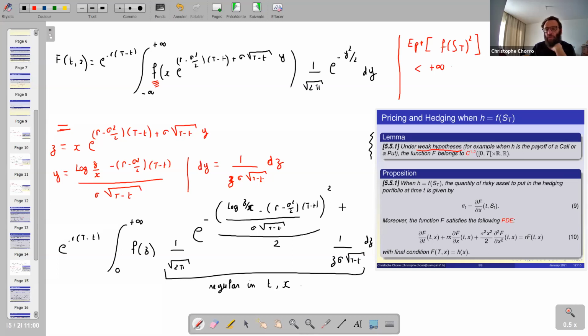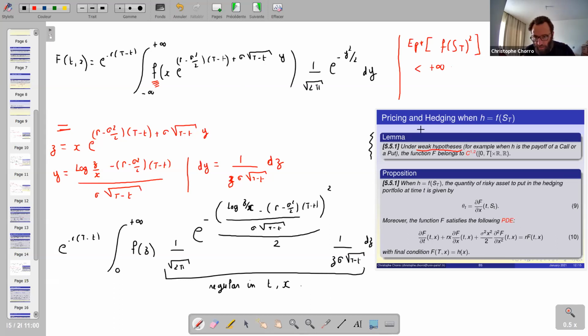So I have not done the whole proof of this lemma, but the idea was to show you that even if f is not regular, capital F may be. And I can prove it, or have the intuition of it, by doing this change of variable in order to move the dependence of capital F on x and t, not through small f, but through this density function.